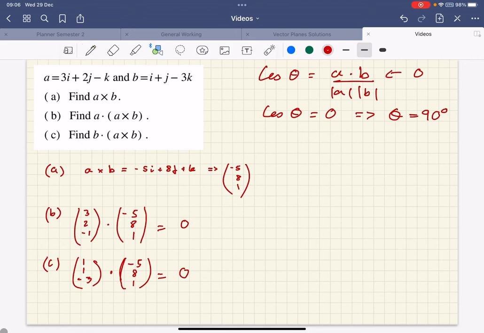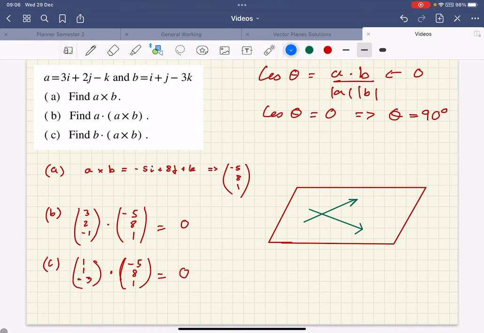Although this isn't a proof, this does happen all the time: what we've got here is two vectors on a plane. So we're going to draw this plane out here, and we're going to have more idea about planes later. And we've got this vector going in this direction, and we've got another vector going in that direction. And what happens when we cross them together is that we end up with a vector going up that's at 90 degrees to both of them.